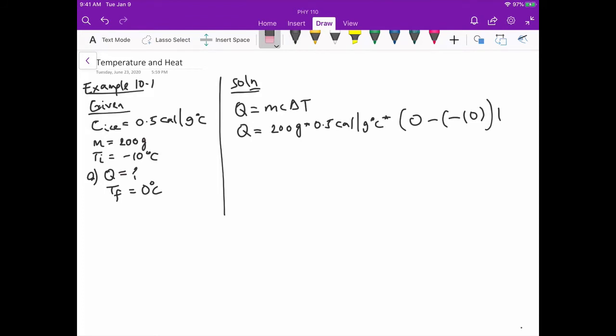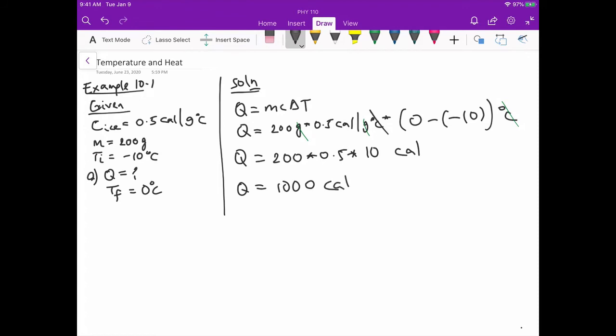Then degree Celsius cancels with degree Celsius, gram with gram. The only thing left is of course calorie. Then 0 minus negative 10 is going to be 10, right? So that means 200 times 0.5 times 10 calories, which gives 1000 calories.